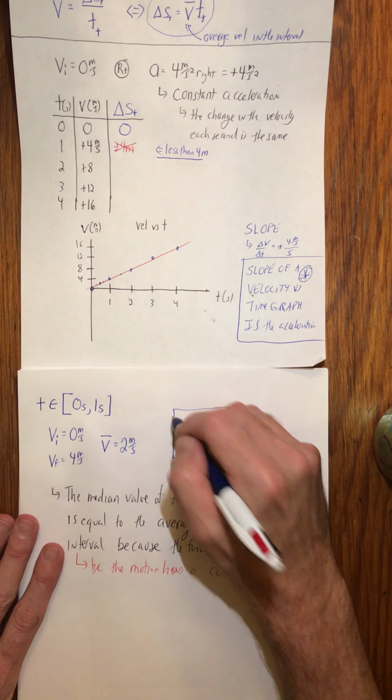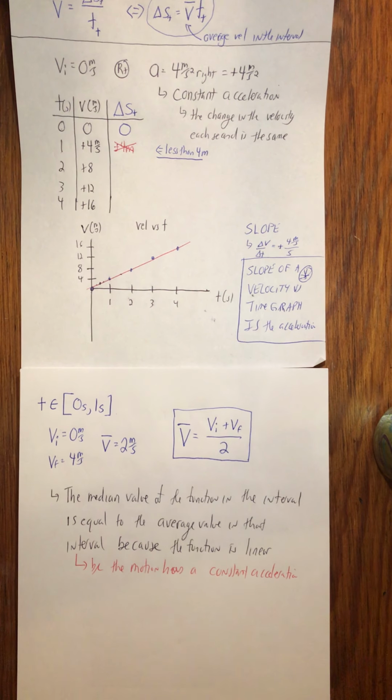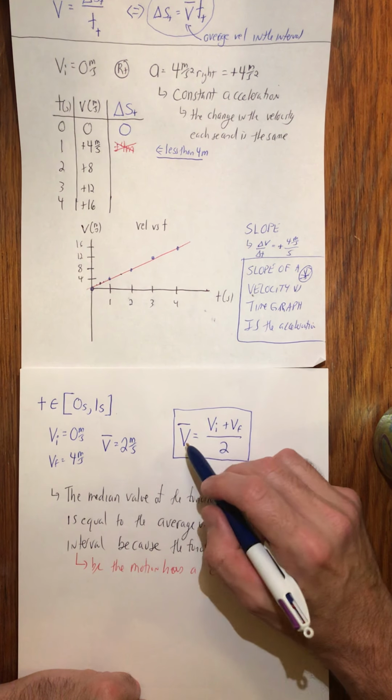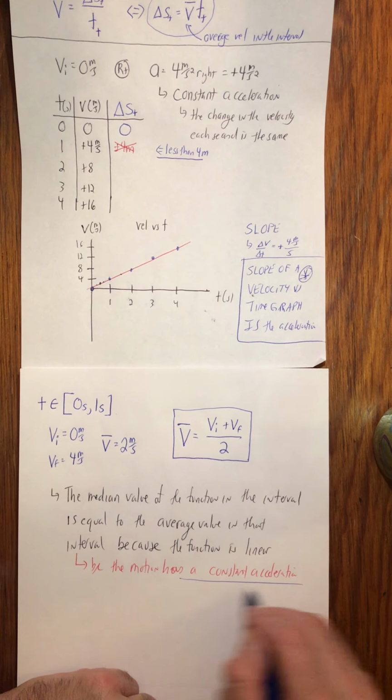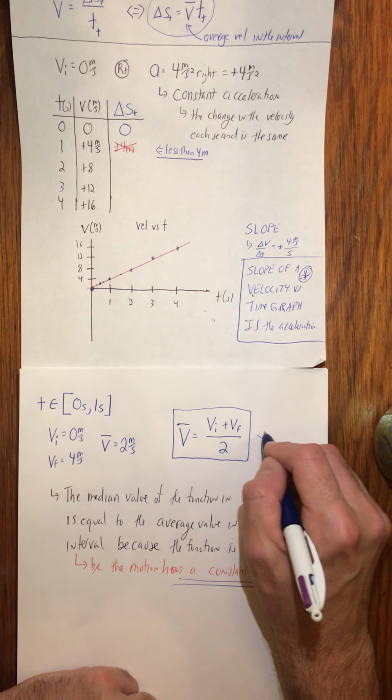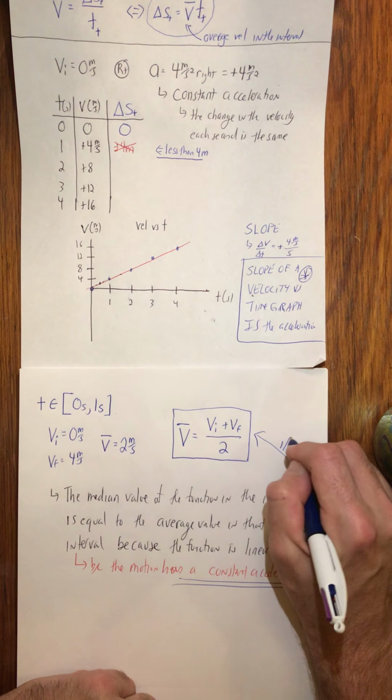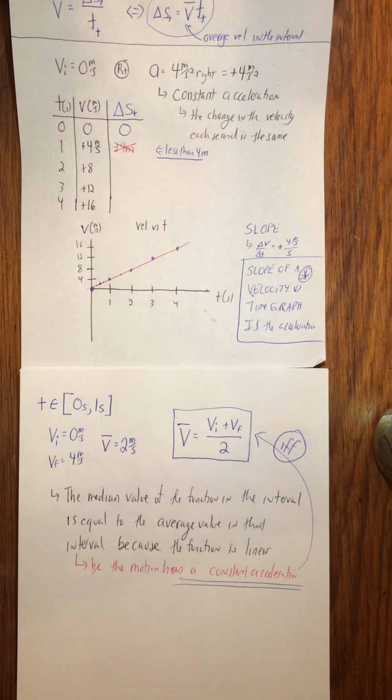So we're going to box this, and that's going to become an equation for us. But this equation is not always true, folks. It's only true if the acceleration is constant. So if and only if, right? If, one of my faves.